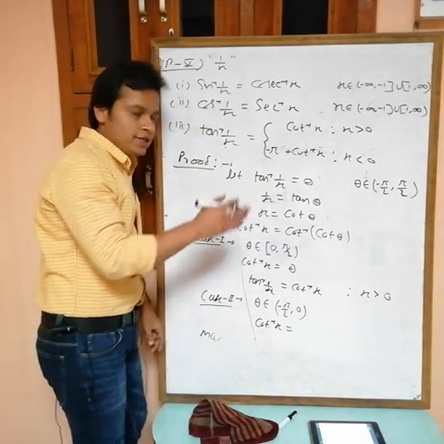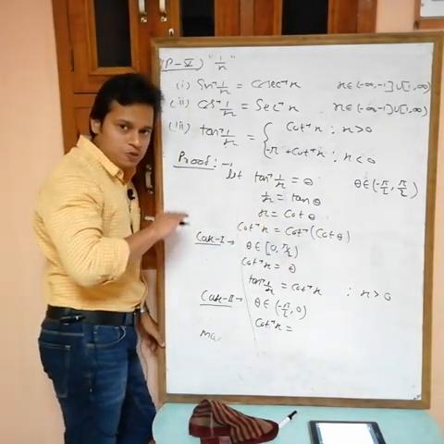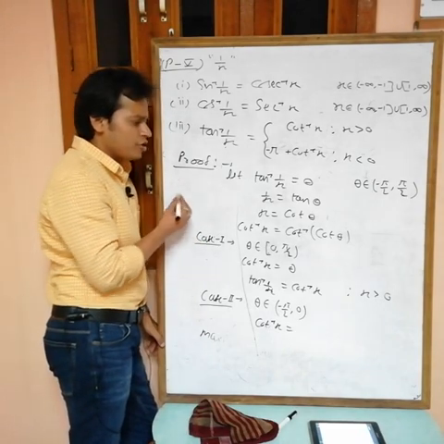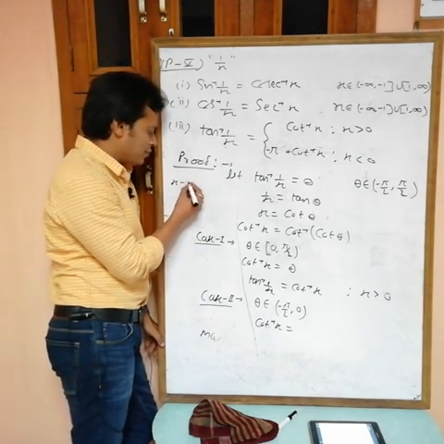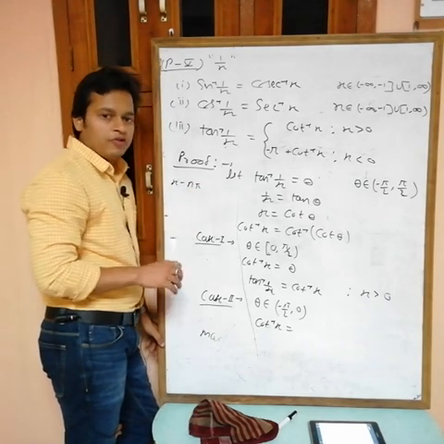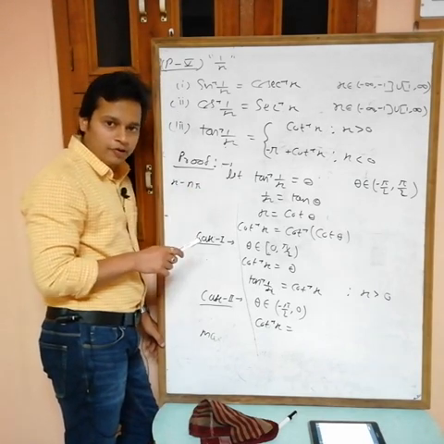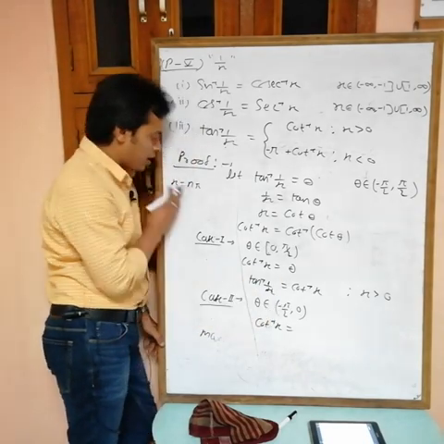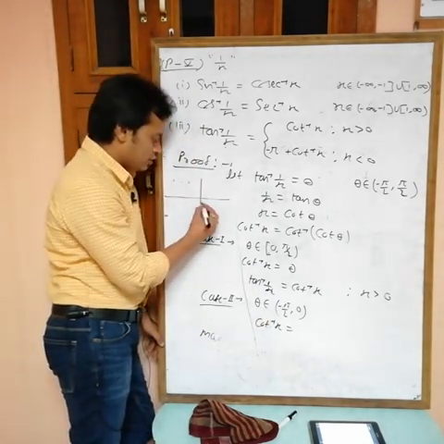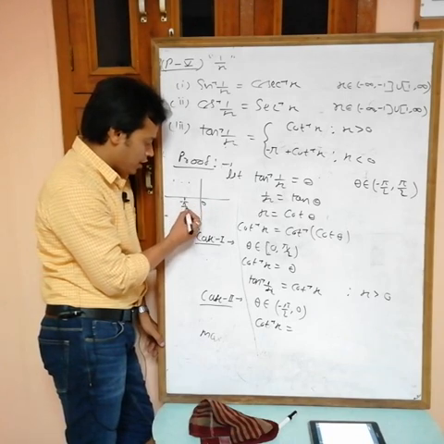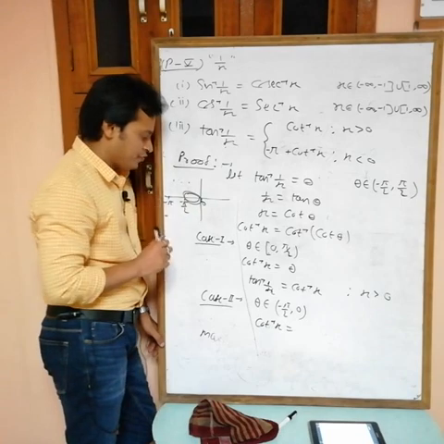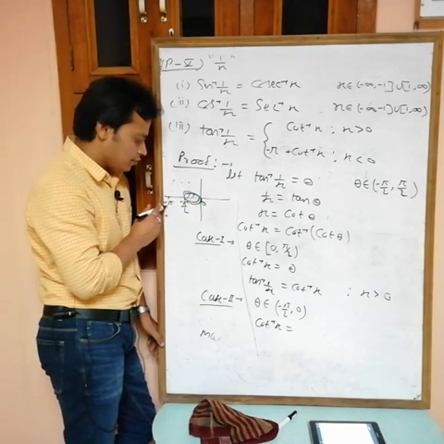The formula of cot inverse cot x is x minus n pi, where x is greater than n pi. When theta lies between minus pi by 2 and 0, then theta is greater than minus pi.